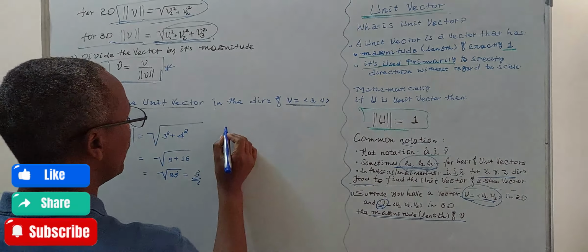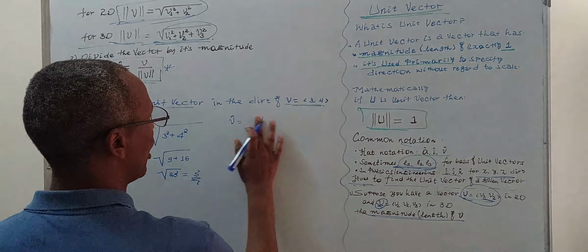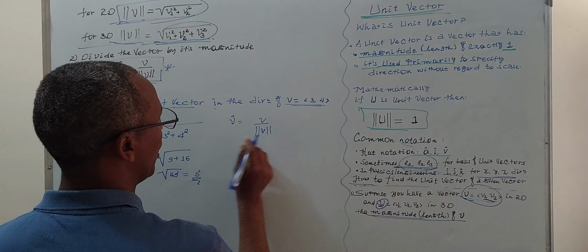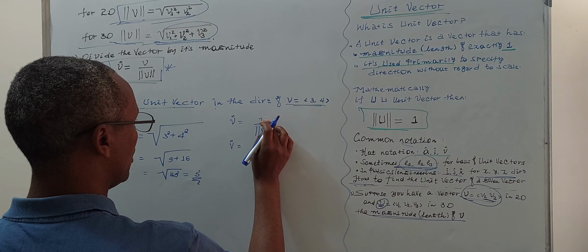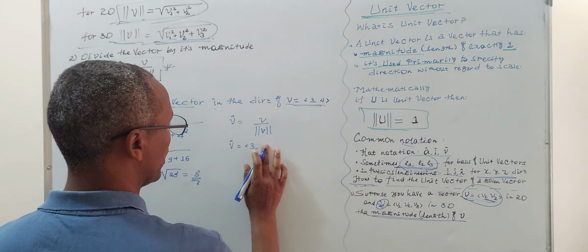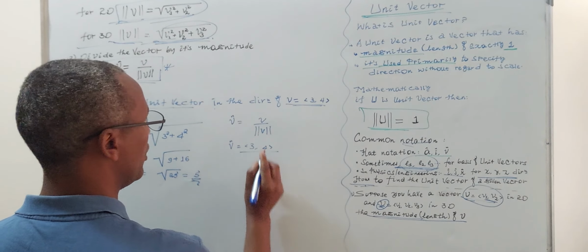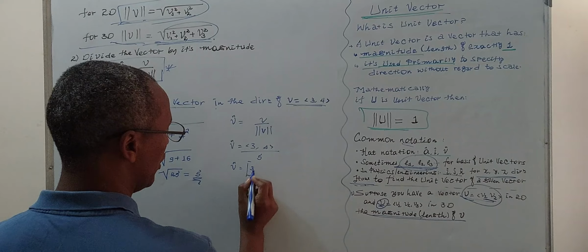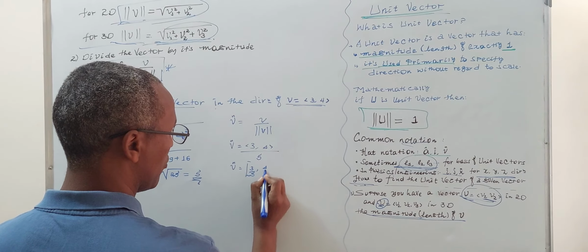To find a unit vector, the unit vector of v is equal to the given vector v upon the magnitude of v. So we have v equal to (3, 4) over the magnitude of v, which is 5. Meaning it is equal to 3 upon 5, comma, 4 over 5.